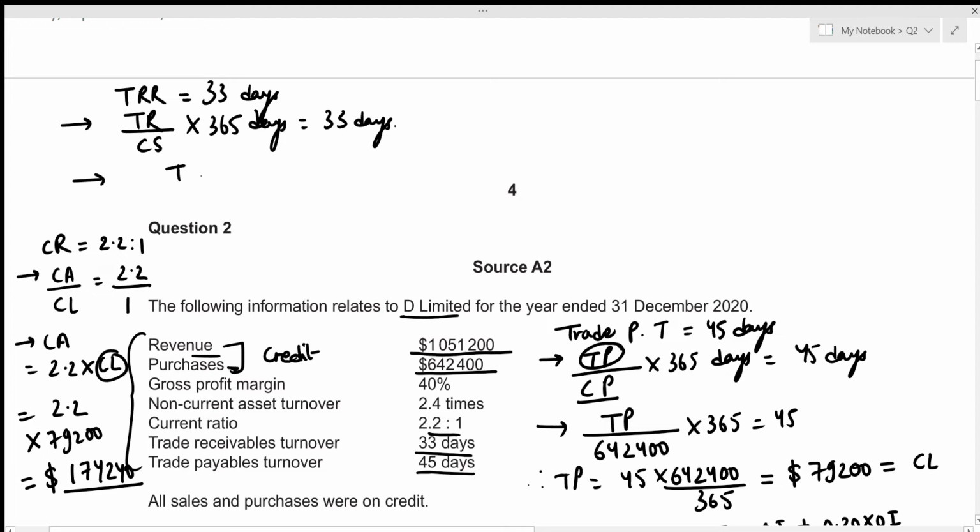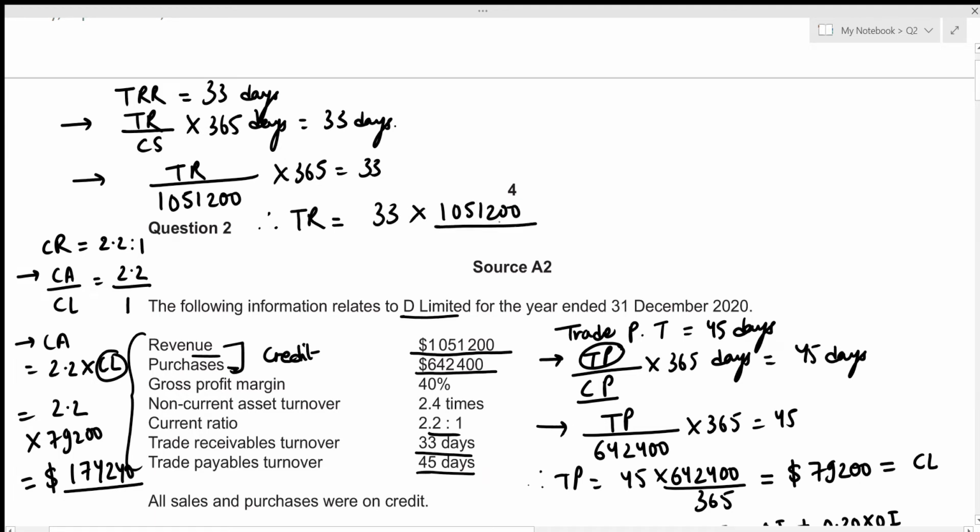So that's trade receivables divided by 1,051,200 times 365 equals 33. So this gives the trade receivables to be 33 times 1,051,200 divided by 365, which results in 95,040.